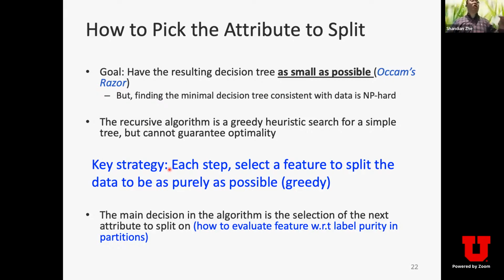In other words, we hope that at every stage, we can pick the currently best attribute. After using that attribute to split the current data, we can best improve the purity of the labels. That's my greedy strategy.